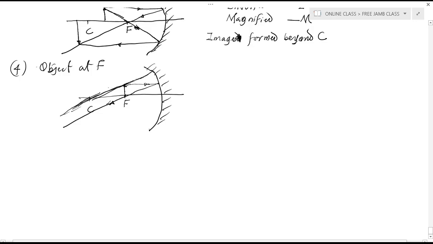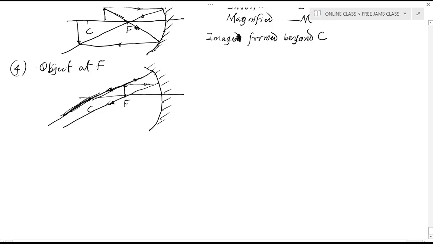You know, I told you anything that passes through C will reflect back along the same line. Reflect back like this.